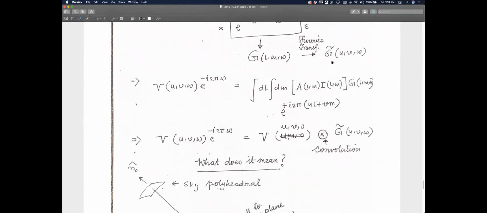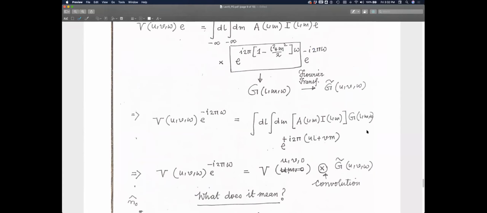Now from l and m, I have gone to the Fourier transform space, so this has become u and v. So G tilde is a function of u, v, and w. Now, if you look at it carefully, if I put w equals 0, then G of l, m, w is 1 because it is e to the power 0.